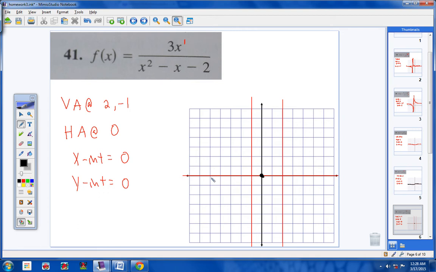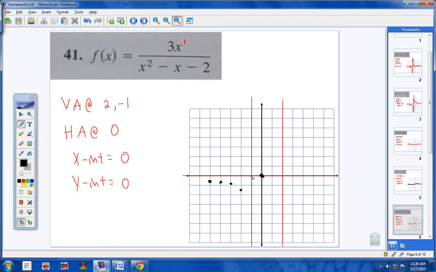At negative 5, we're at negative 0.5. And then at negative 4, we're at negative 0.6, so a little lower. And then at negative 3, we're at negative 0.9. Then at negative 2 would be negative 1.5.